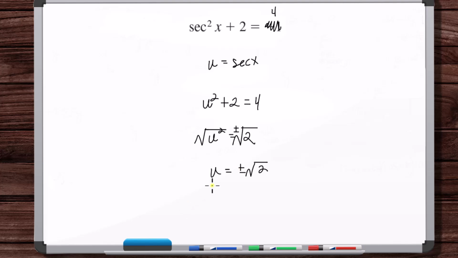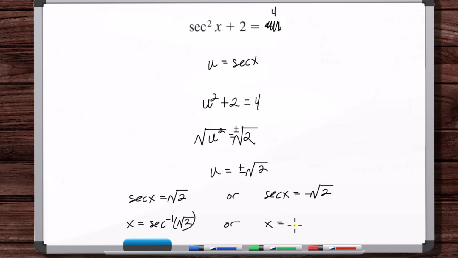So what we've got is the answer: u is secant x, so secant x is root 2, or secant x is minus root 2. Either one of these scenarios solves the equation. So x is equal to inverse secant root 2, or x is equal to the other one, either one of those.